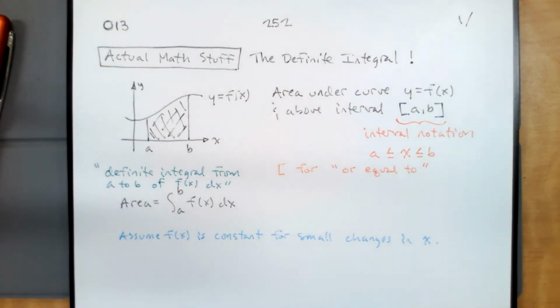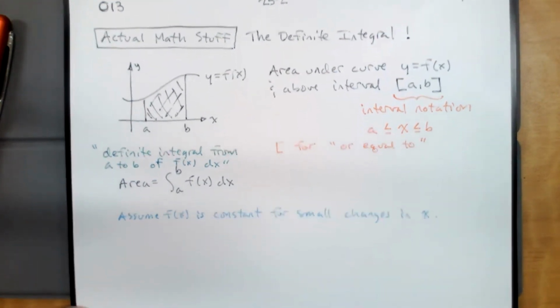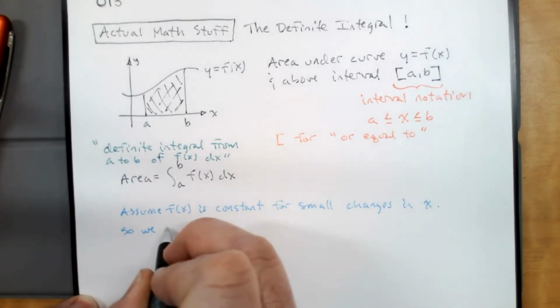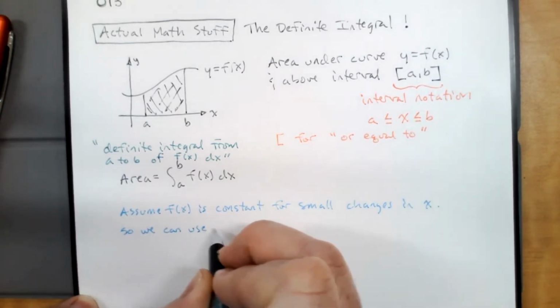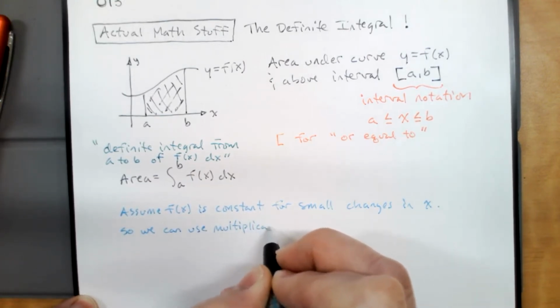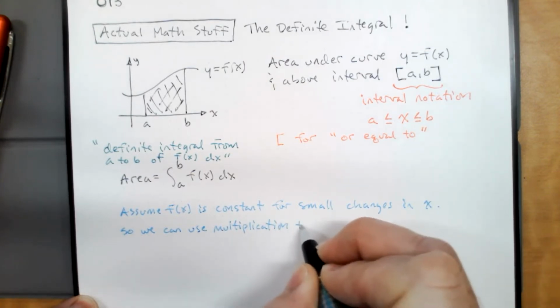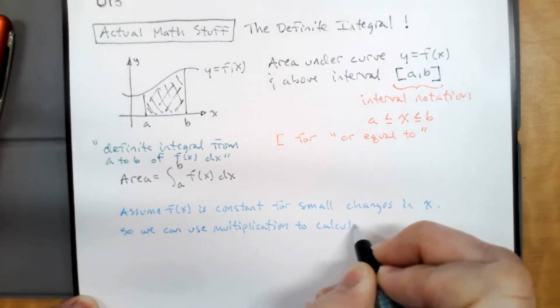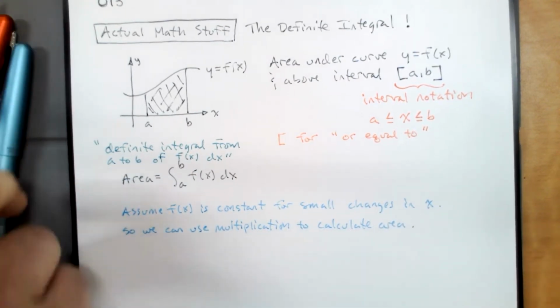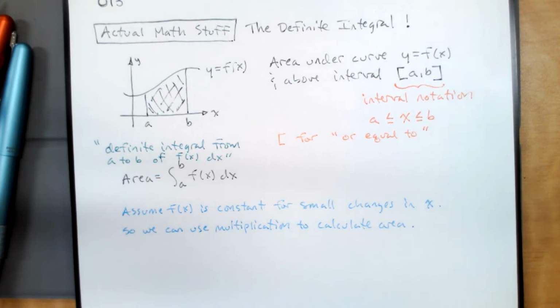Our strategy is to assume that the function is constant for small changes in x so that we can use multiplication to calculate area.